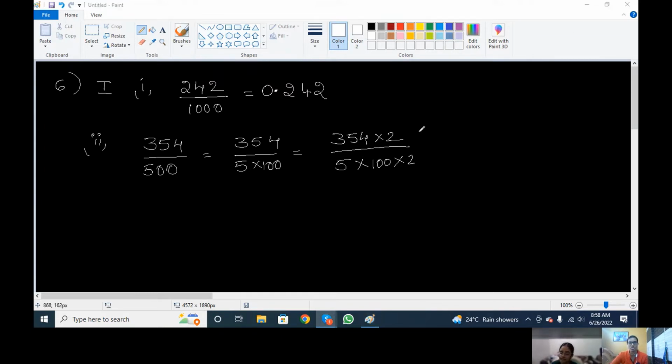Okay. So just an equivalent fraction only it is. So 354 we will multiply by 2. 2 4s are 8. 2 5s are 10, 1 is a carry. 2 3s are 6 plus 1, 7. 708 by, now multiply, 5 2s are 10. So that is equal to 708 by 10 into 100. 10 into 100 is 1000.